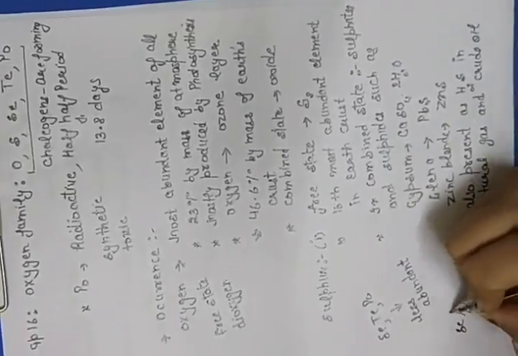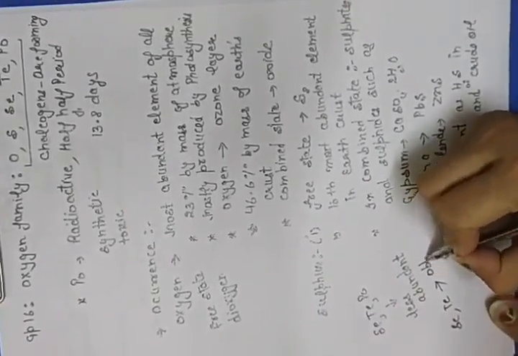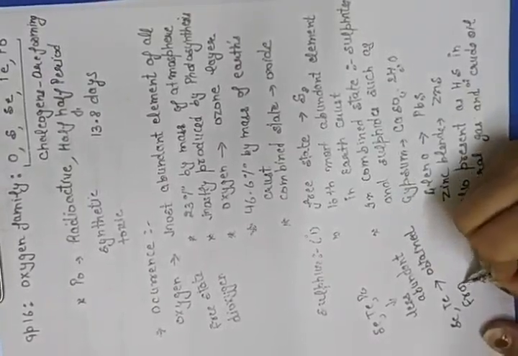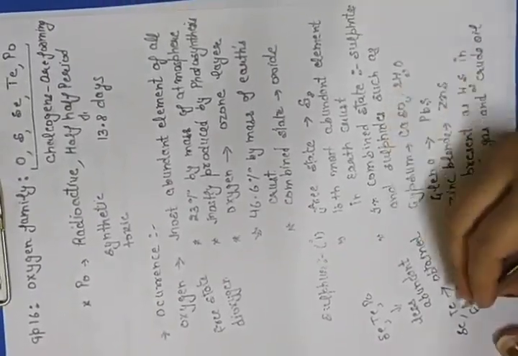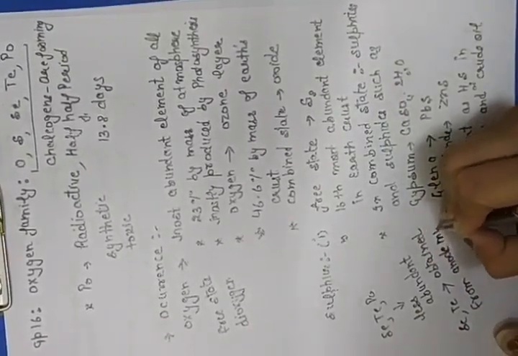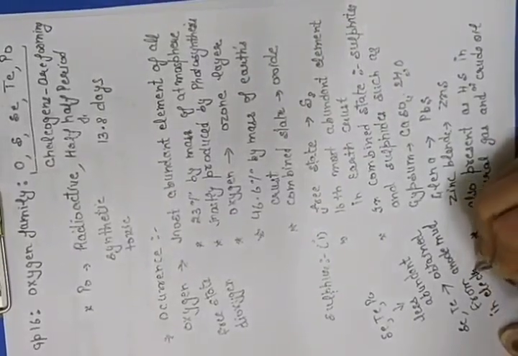About selenium and tellurium, they are obtained from anode mud in electrorefining.